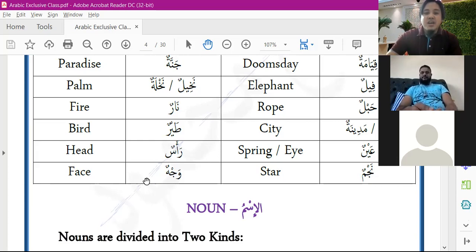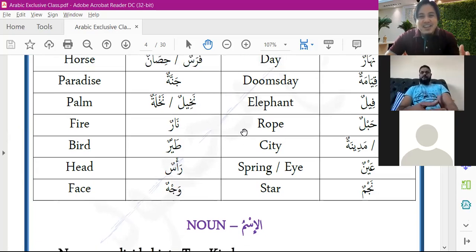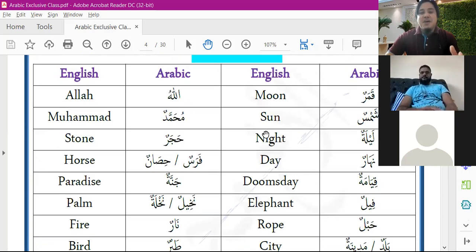So the wajh here is singular, and in that ayah, wujuh is the plural. Wujuhun mustabashira and so on. These are the nouns that we need to memorize, inshallah.